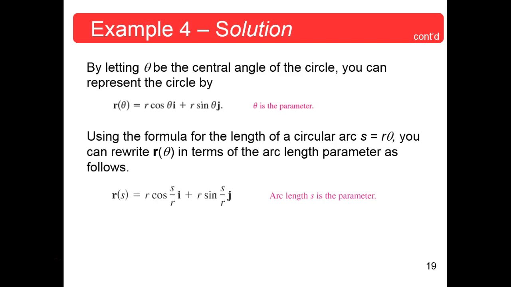Was theta up here, now it's s, because these r's are constants. Then r of s would be r cosine s over r i plus r sine s over r j. The arc length s is the arc length parameter. That's your variable in this system. The r's are a constant.